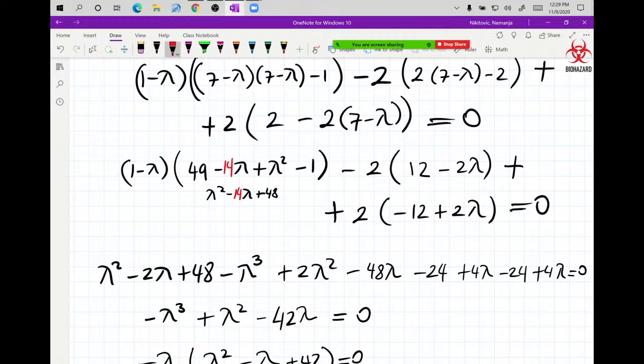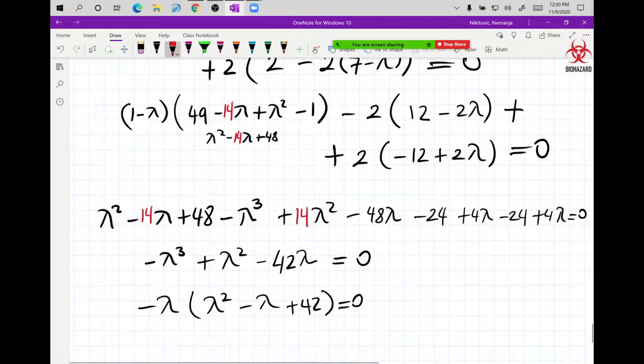So 1 times all of this is now 14. And then minus lambda cubed plus 14 lambda squared. And given that everything else is correct.